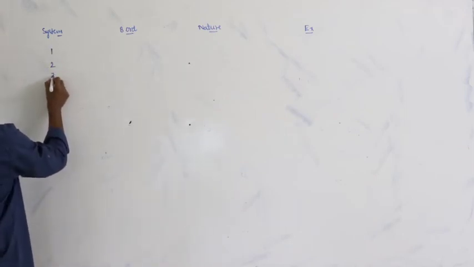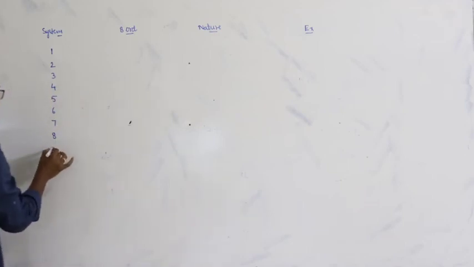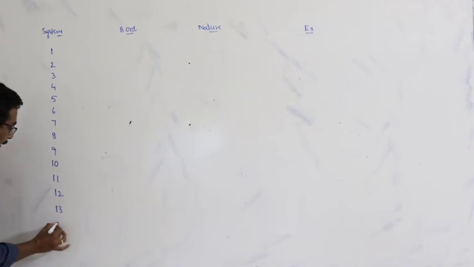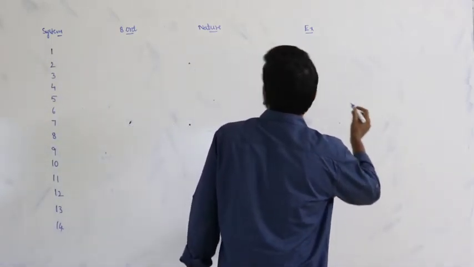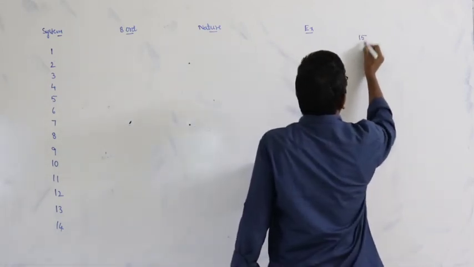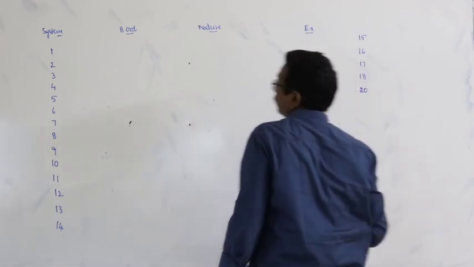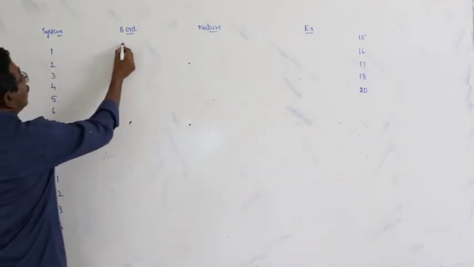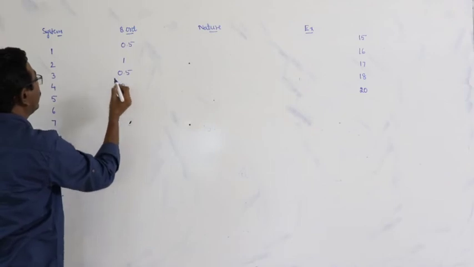The systems are 1, 2, 3, 4, 5, 6, 7, 8, 9, 10, 11, 12, 13, 14, 15, 16, 17, 18 and 20 electrons. For the first ones: 0.5, 1, 0.5, 0.